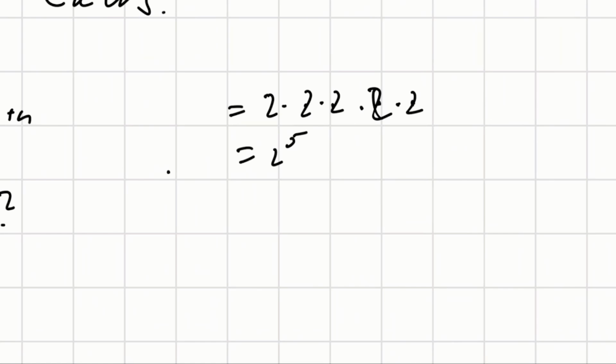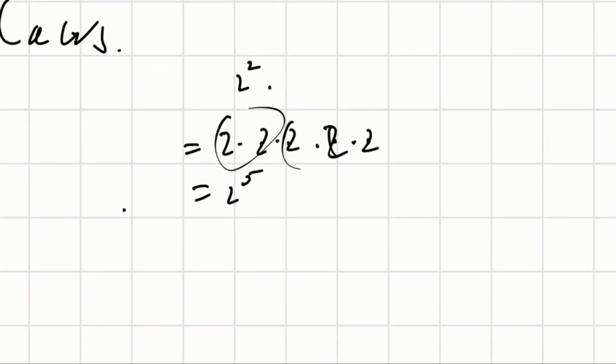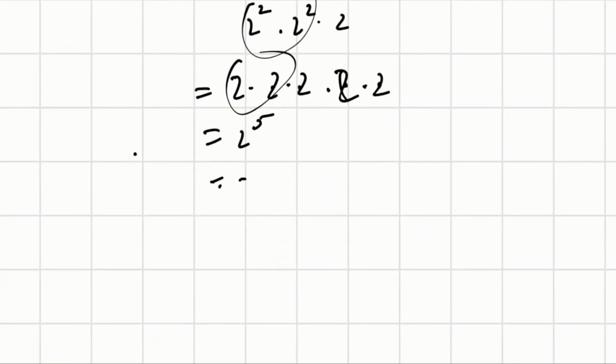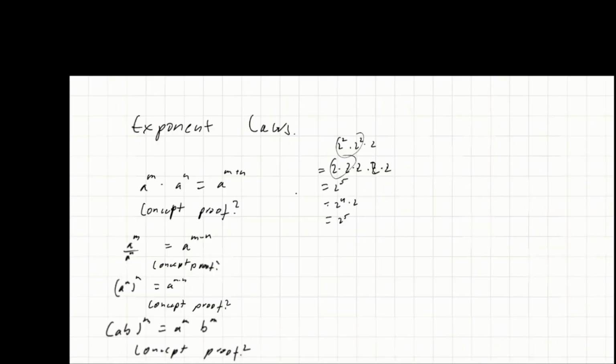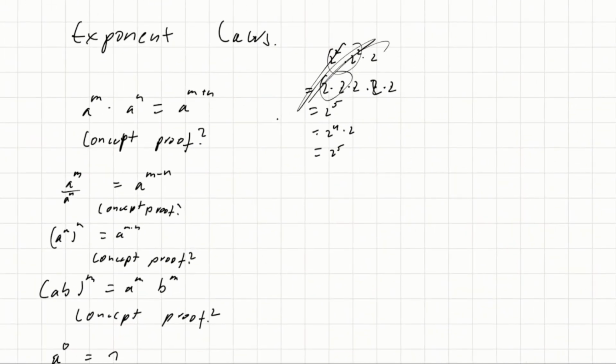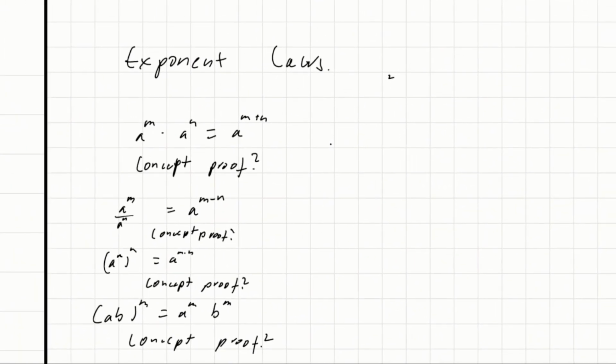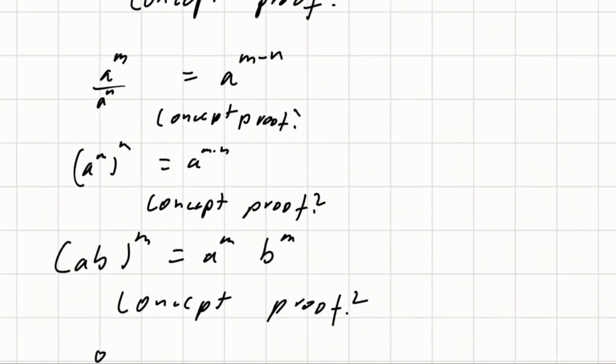As I said, this would be 2 times 2 times 2 times 2 times 2, and you are able to combine those things. So this is the general concept proof for this. Pretty easy. This is standard, it's like beginner mode. So this is very easy.